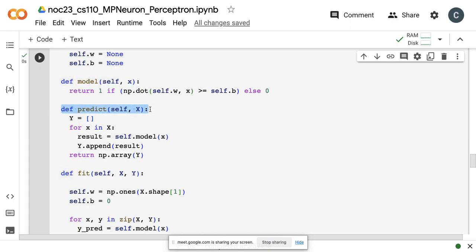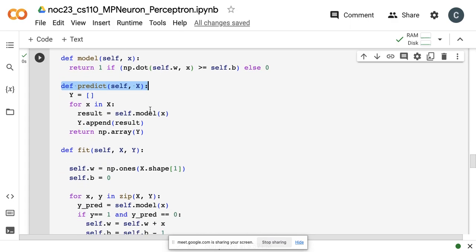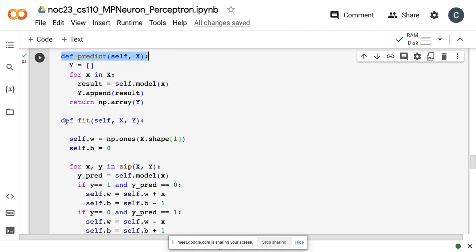The predict function tells us, once my model is ready, what kind of value it is giving for each x. That is the y prediction I get for each training data point. Now what does the fit function do? The fit function is basically a learning algorithm.